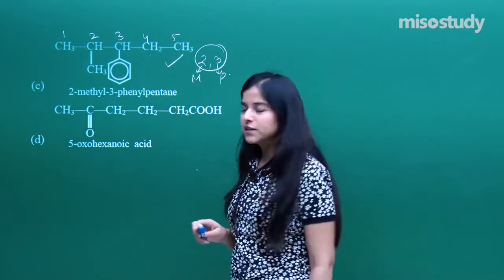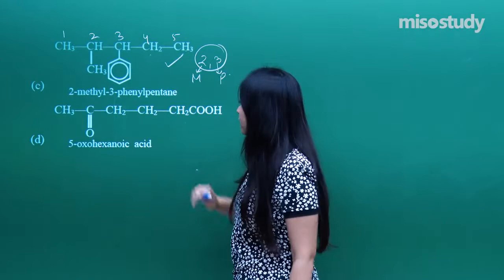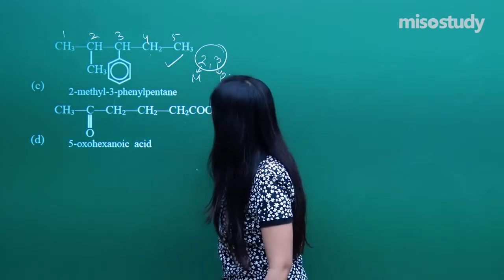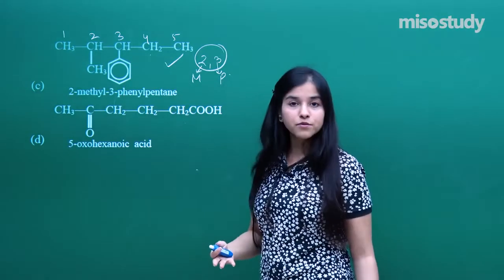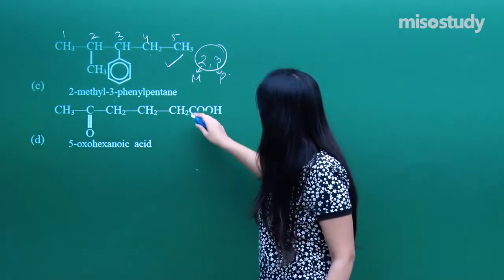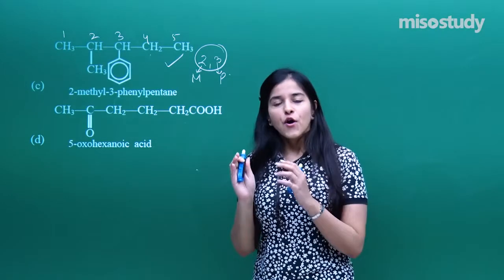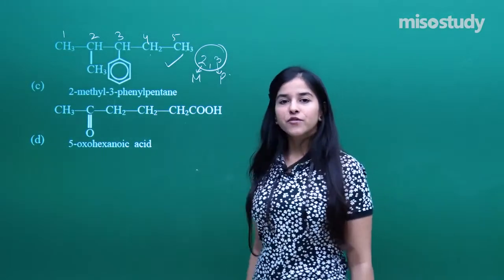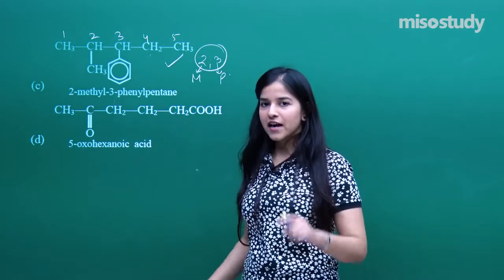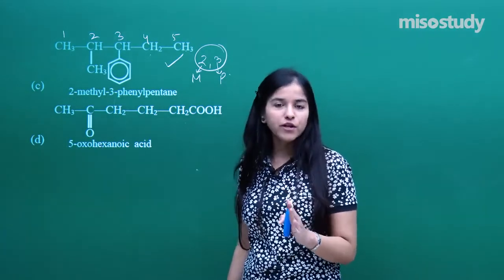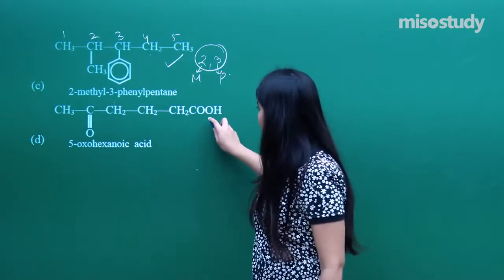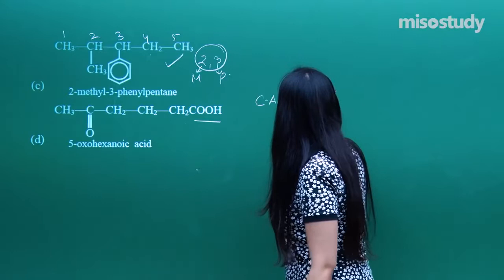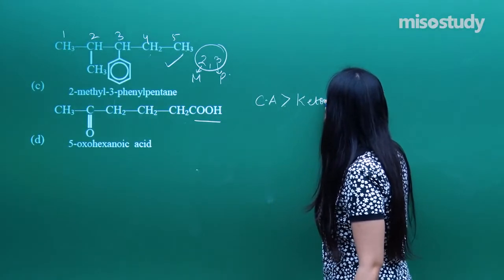Now let's move on to the last one. What do you have over here? Again, I need to assign the lowest possible number to the substituents, but there is no substituent over here. That means I need to first of all focus on the functional groups. What is the terminating functional group over here? That is the carboxylic acid, and we all know as per the preference order for the functional groups, the carboxylic acid is given priority over the ketones.